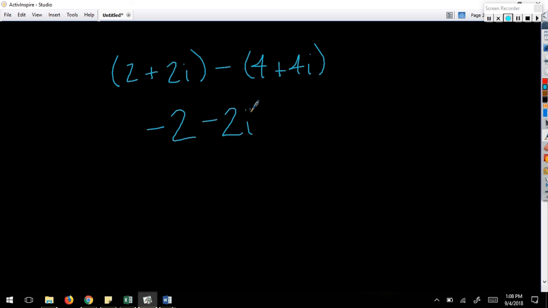It's literally combining like terms. Because it's subtraction, I have to do 2 minus 4 and 2i minus 4i. You just go in order. It would still be negative.